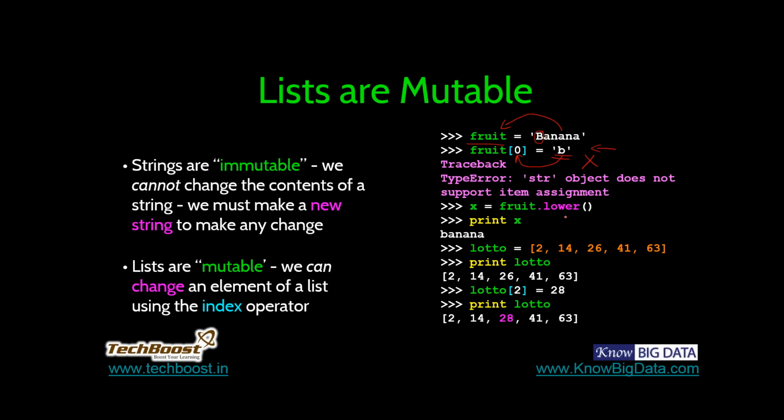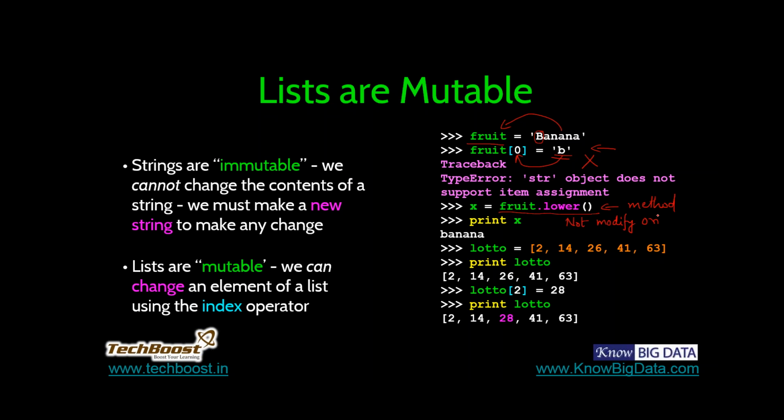In this example, fruit.lower, we're using a string method which will make the uppercase character lowercase in the string. But remember, this will not modify the original string.